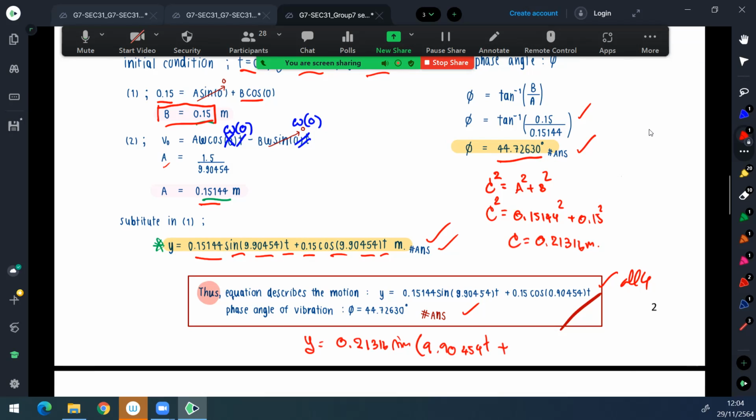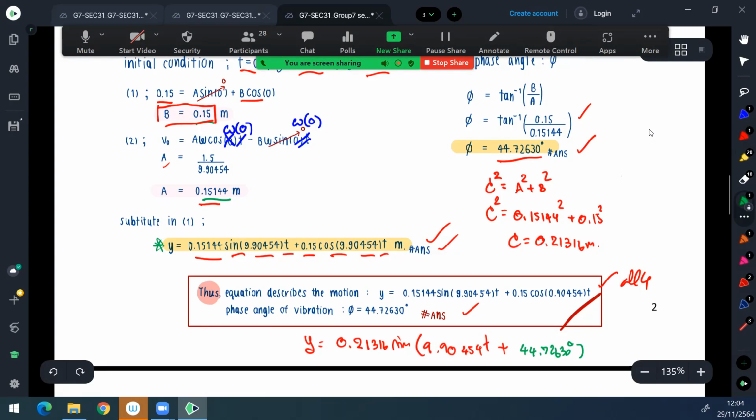At this point, if you answer like this, it is completely not correct. When you use the angle with a formula like this, you have to change it to radian before.